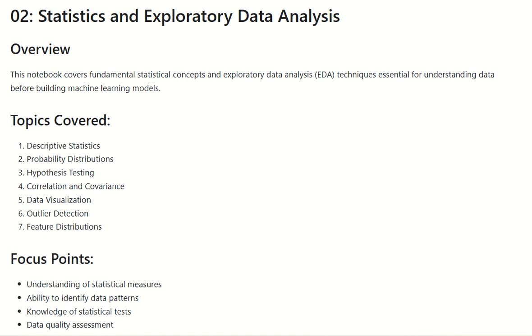When you get a data set, the first aim is to understand its shape, quality, and any patterns that will affect modeling decisions. EDA means asking, what does the center look like? How spread out are values? Are there anomalies? And how do variables relate?